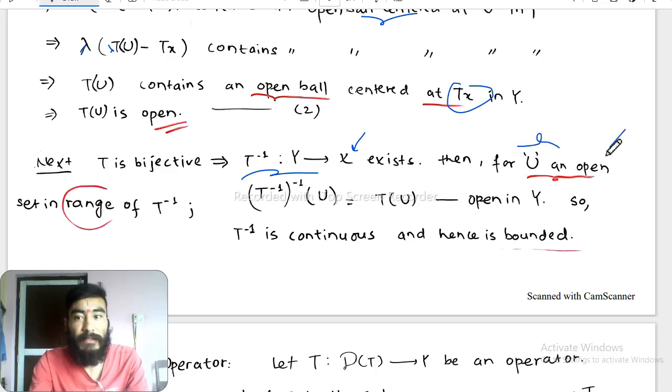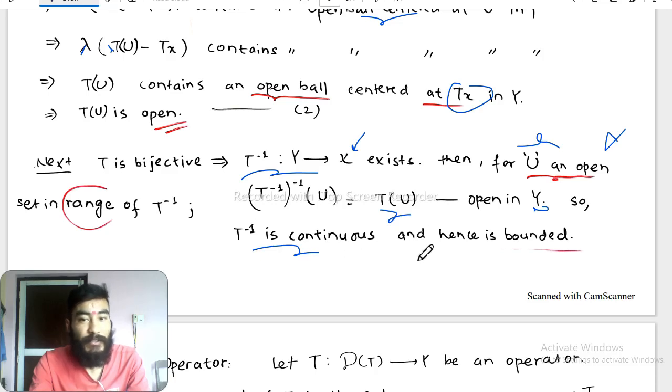Then its inverse image under T inverse of U, which is TU, is open in Y. From the above case, this shows T inverse is continuous, because for T inverse, for every open set in its range, its inverse image is also open.